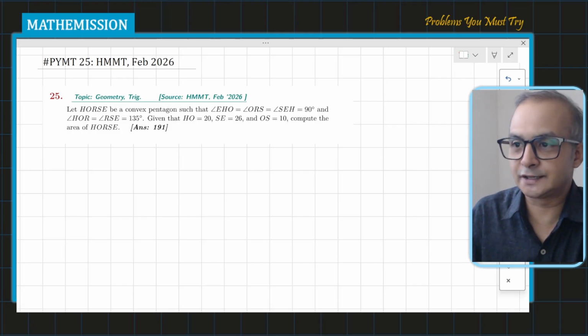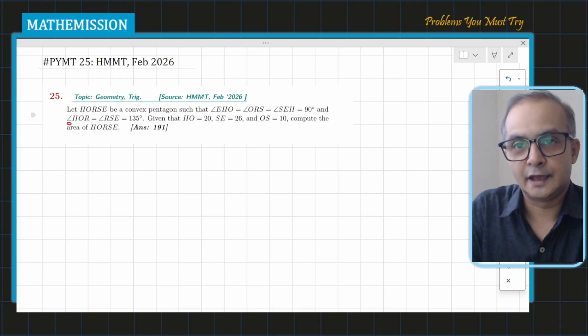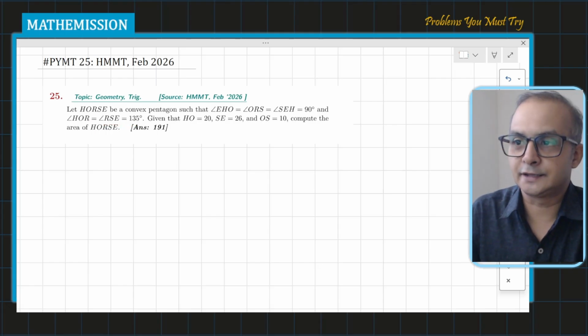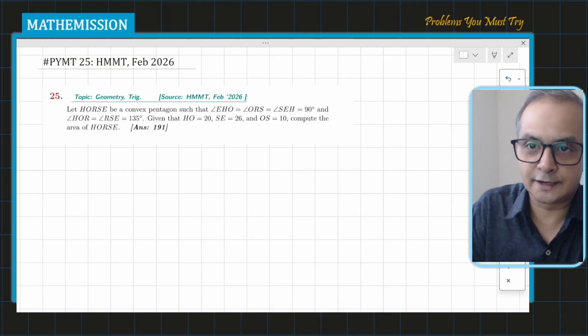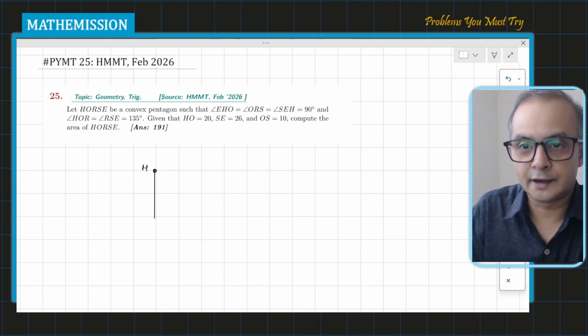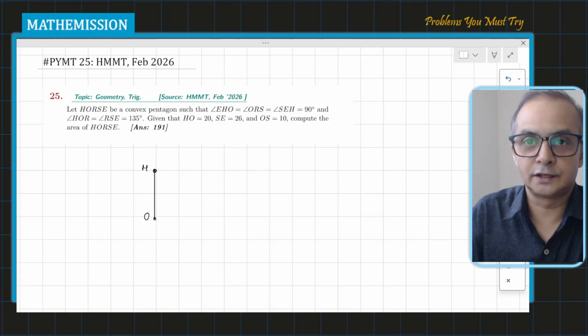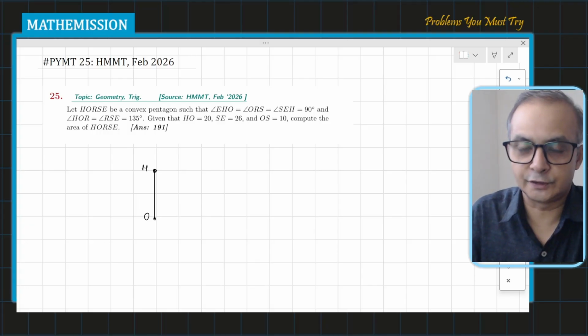Now notice this statement: HOR and RSE are 135 degrees. These two consecutive angles, HOR and RSE, are 135. So how do we draw it? Let's say I have H here. This is the vertex H. I draw a line, and from here I make 135 degrees in this way.